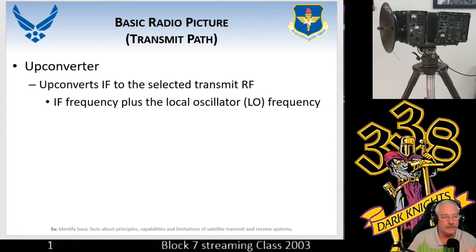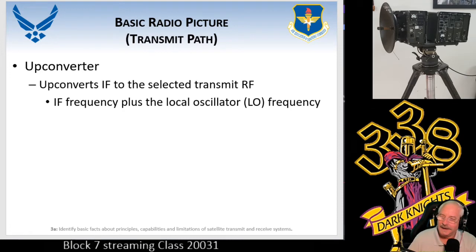We also go through an up converter. We're going to take that IF, which is modulated, and we're going to up convert it from IF to RF. Now, how do we get it there? Well, we use something called an oscillator, and we've talked about this before, and we use phase lock loop in order to make sure that we are on frequency and it's stable.